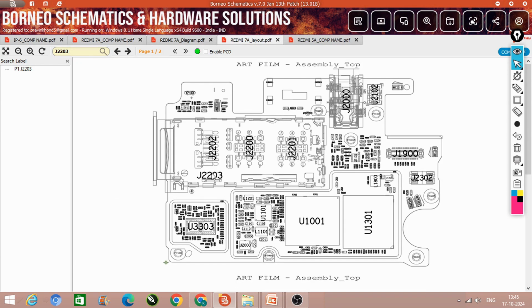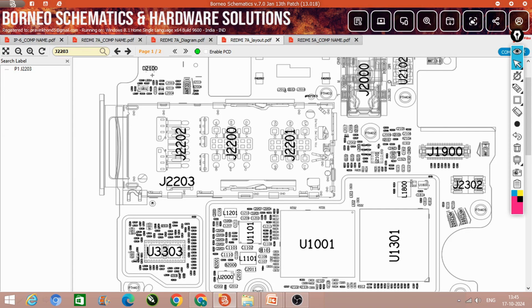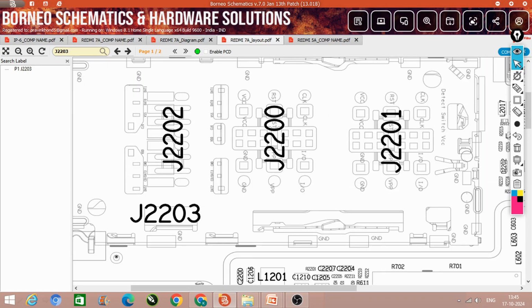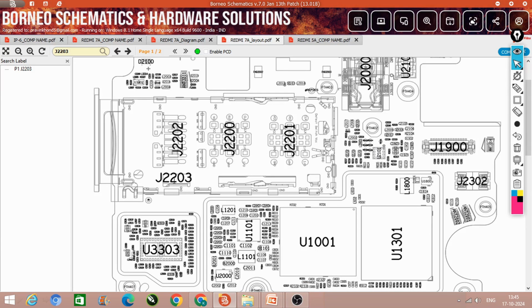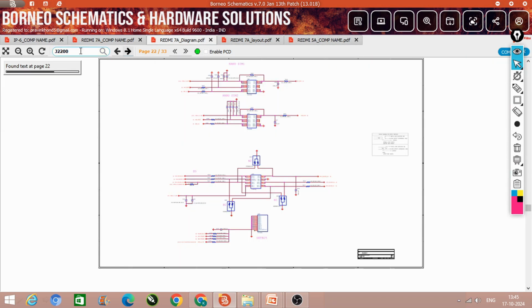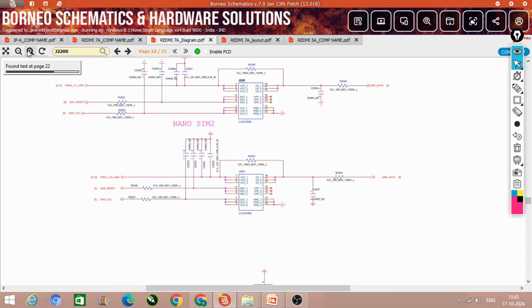There is a SIM tray with 4 portions, right? First for the memory card, SIM 1 and SIM 2, also for the mechanical purpose. Copy any one, just copy it and paste it and zoom.